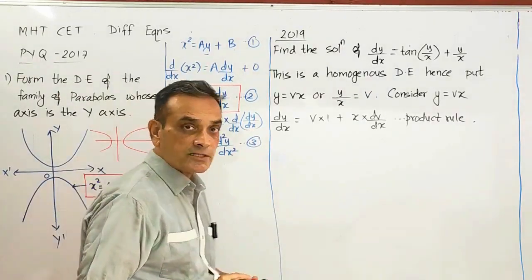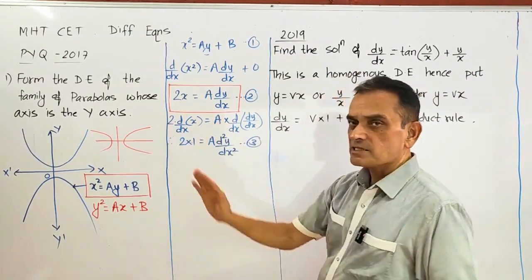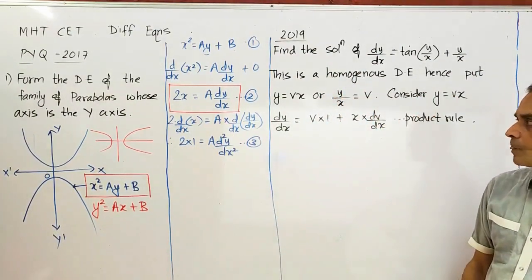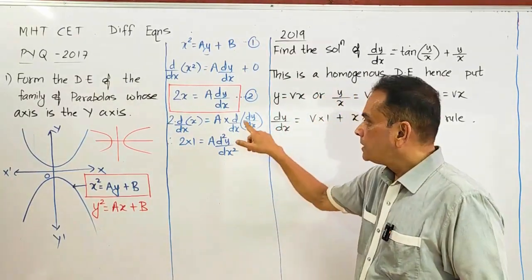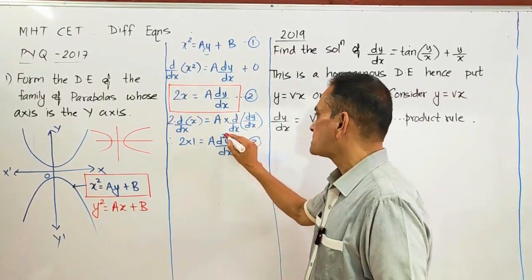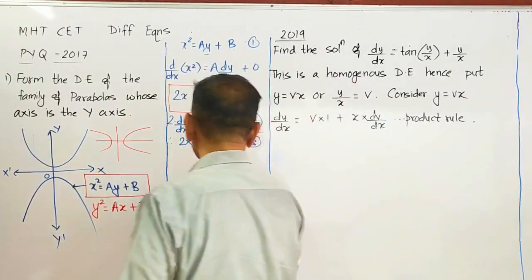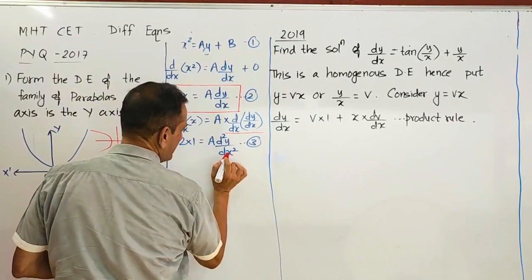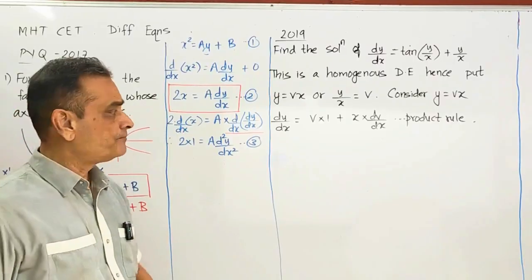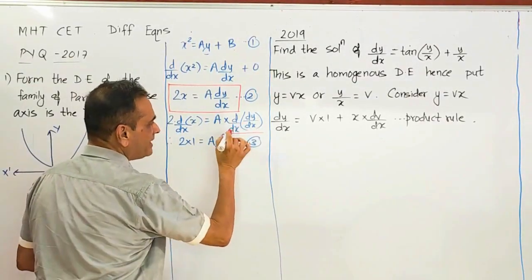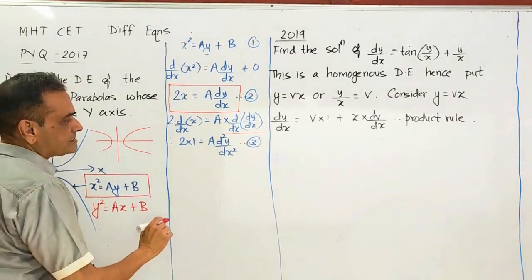Now the derivative of a derivative, d by dx of dy by dx, is called the second order derivative, d squared y by dx squared. It is not dy by dx whole squared, it is d squared y by dx squared.